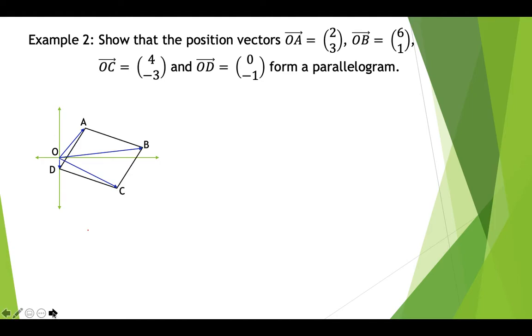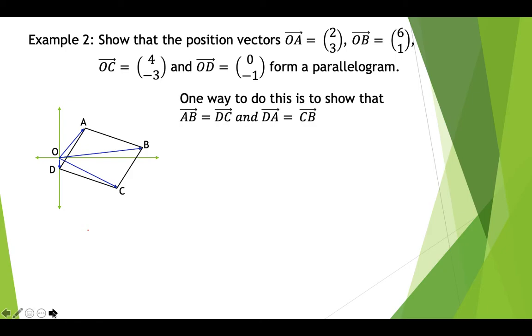So now to prove that it's going to be a parallelogram, we need to know what a parallelogram's features are. So we know that we're going to have opposite pairs of parallel sides. So theoretically, the AD and BC should be the same, and the DC and the AB should be the same. So one way to do this is to show, as I said, those two sides are the same.